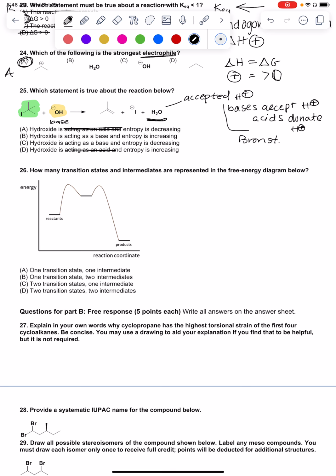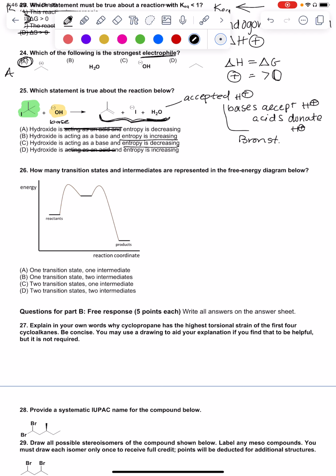So it's got to be between entropy increasing and entropy decreasing. I got this one wrong because I wasn't sure about this entropy increasing or decreasing. You've created more products, so maybe, and you've given, I don't know.